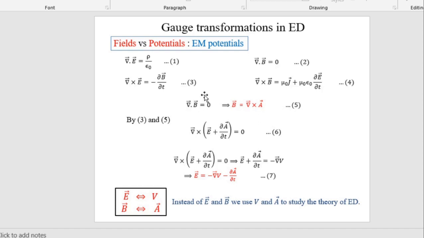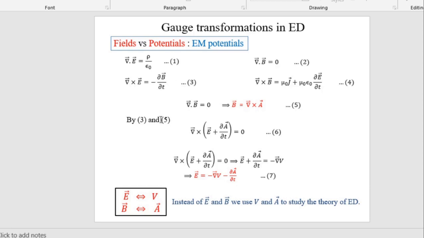Now come to equation 3 and equation 5, which we have just formulated. We have to substitute this curl of A in equation 3. You have to work out this step with pen and paper.